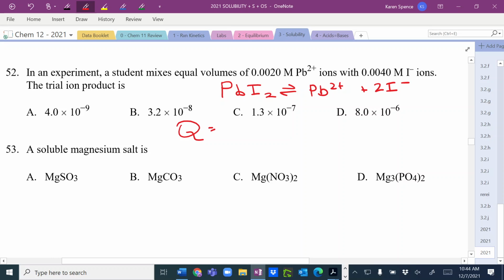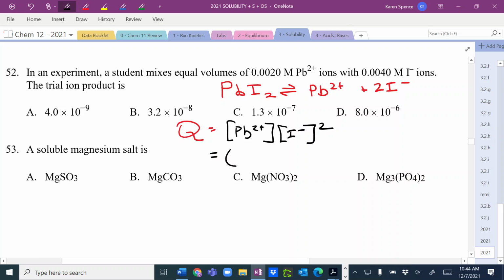And so Q is going to be equal to Pb2+ times I- squared.